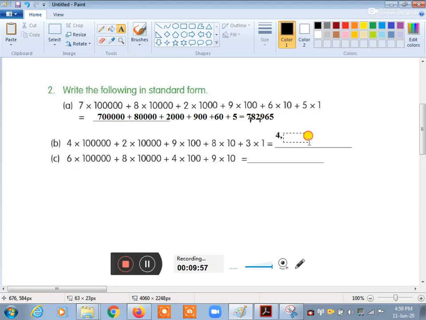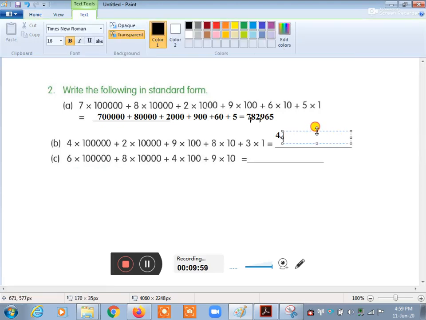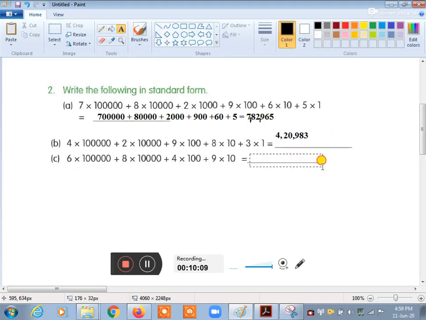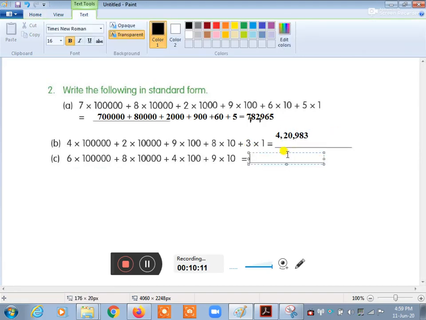4 lakh 20,983. So here, how many zeros? 1, 2, 3, 4, 5. So 6,80,000.